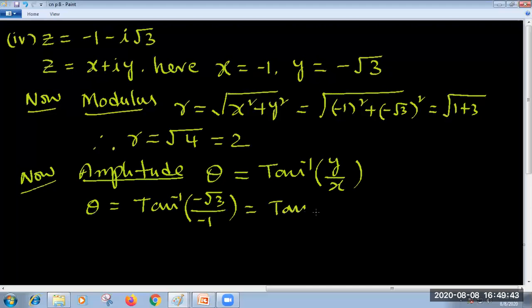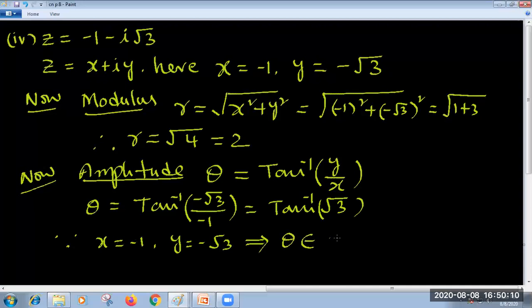So this becomes tan inverse root 3. Since x is negative and y is also negative, this implies the angle belongs to Q3. The angle is in the third quadrant.